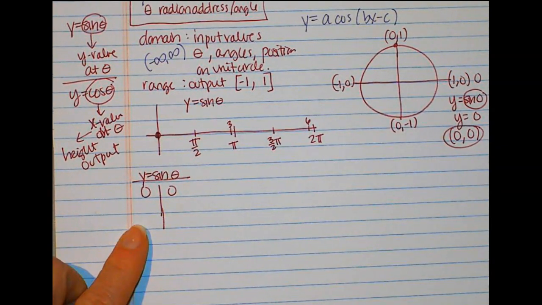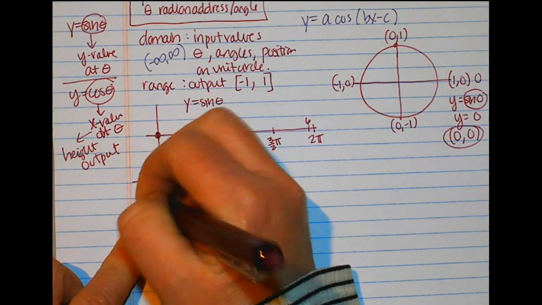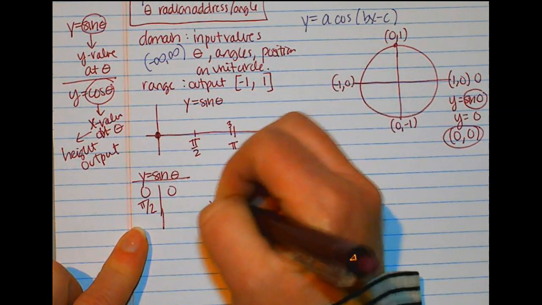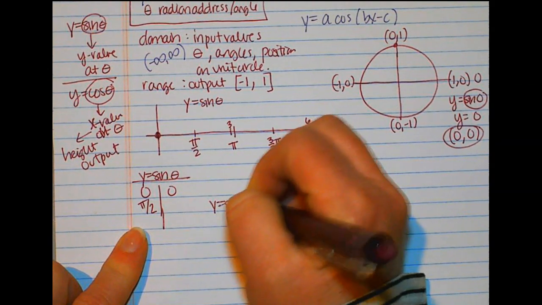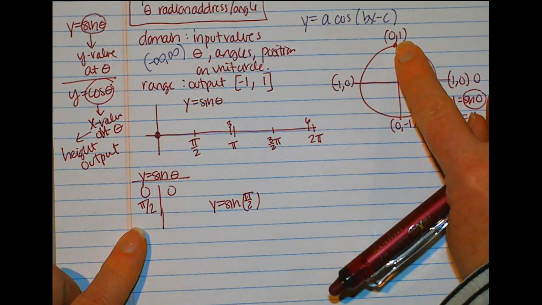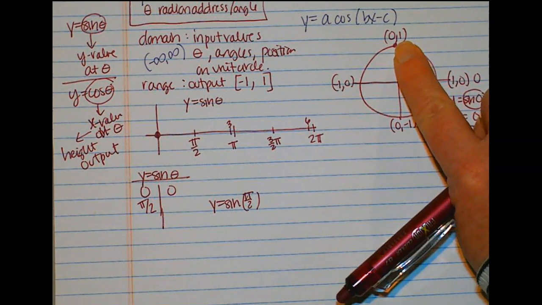If I input the angle pi over 2, that's the input. It looks like y equals sine of pi over 2. What is sine of pi over 2? Up here, pi over 2.